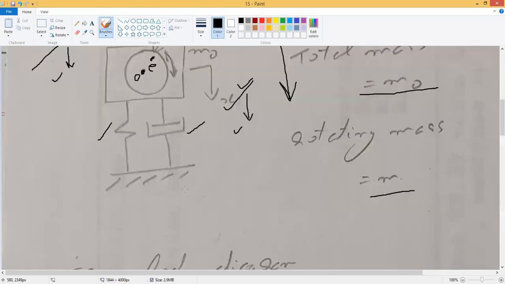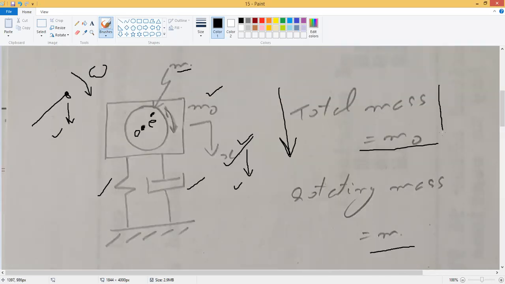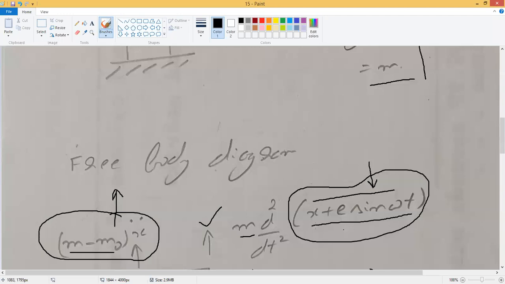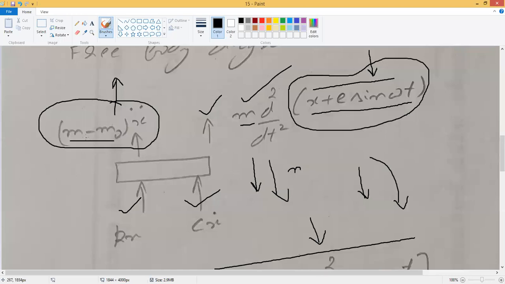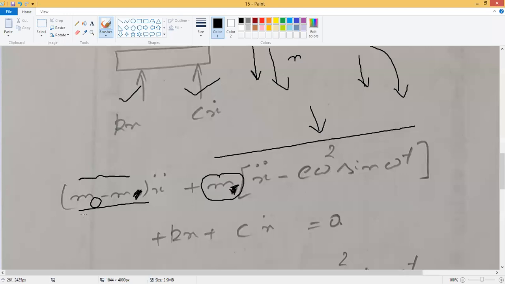This is what you have assumed over here. The total mass is m0 and the rotating mass is m. So this expression is correct. Now I have m0 minus m as the inertia because of the oscillating mass.